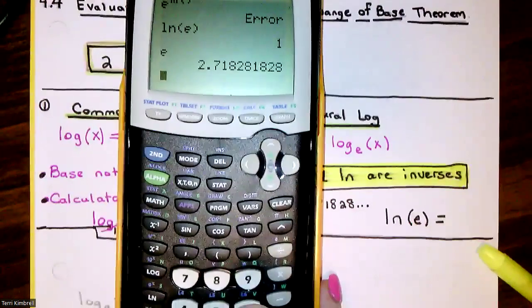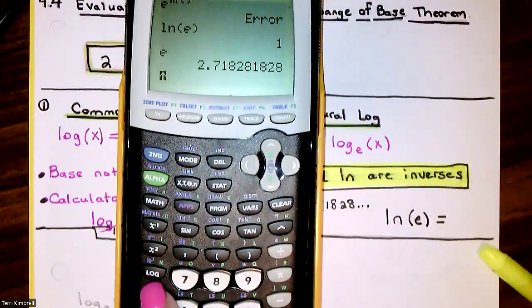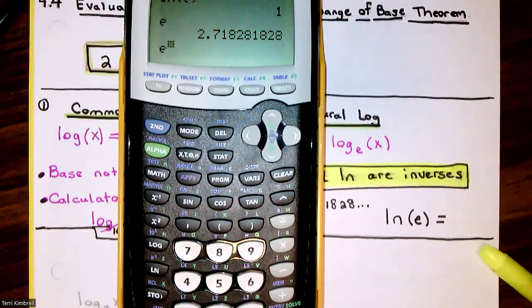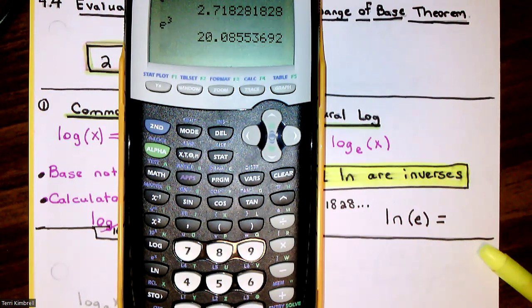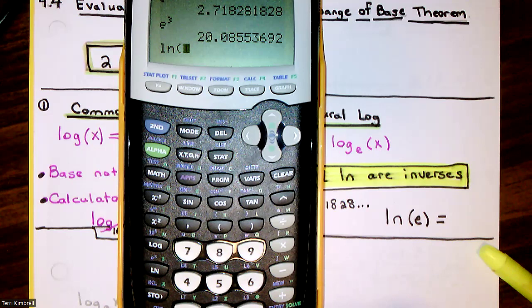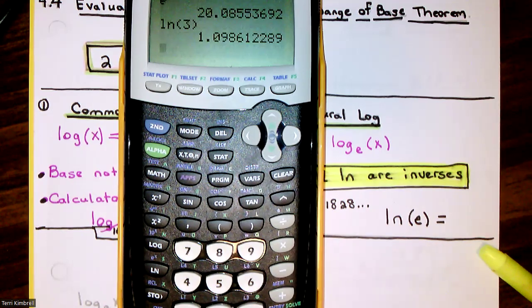When you are wanting to raise e to other powers, it's going to be right there with your ln, because ln and e are inverses of each other. If I'm going to raise e to the third power, I will get that number. So there's your e button. Your ln button is going to be right there. If I was to take ln of 3, I would get this number.